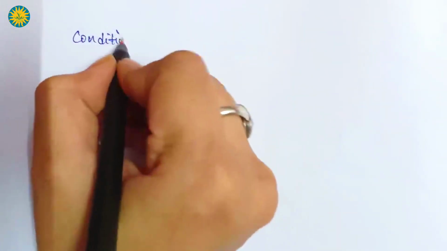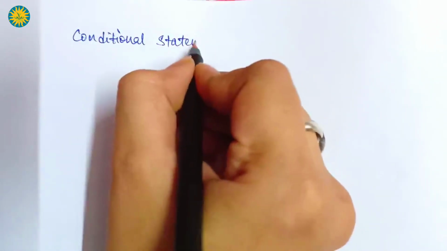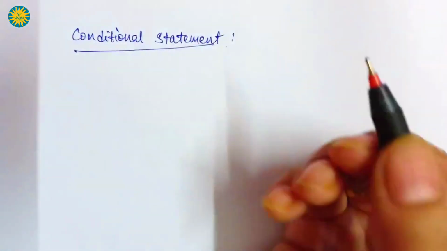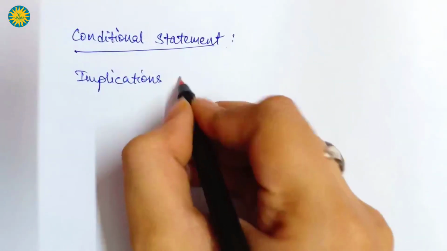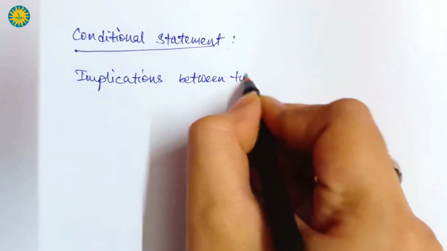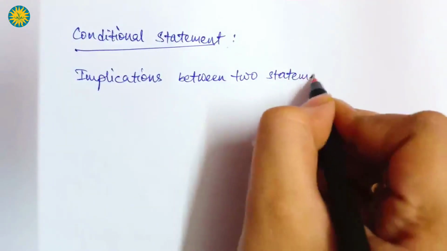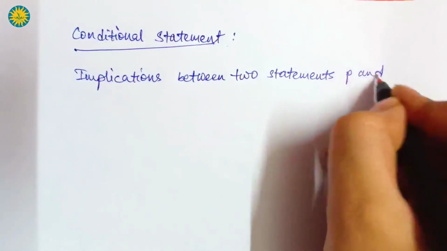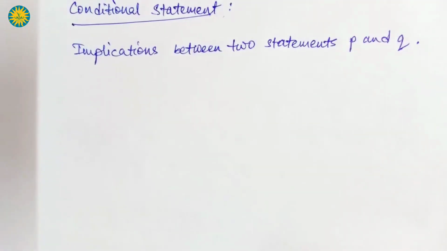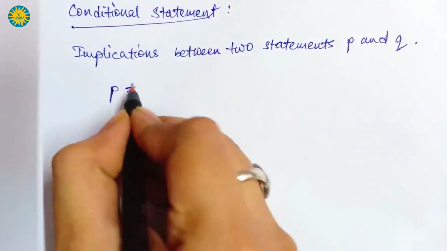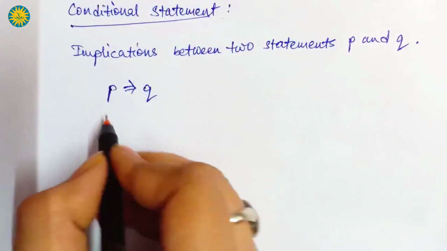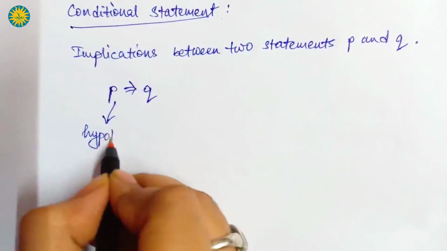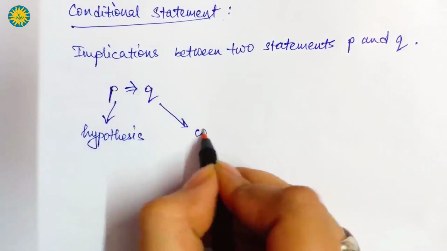Then we have conditional statement, implications between two statements P and Q. Now this is written as P implies Q. We read this as P implies Q, where P is the hypothesis and Q is the conclusion.